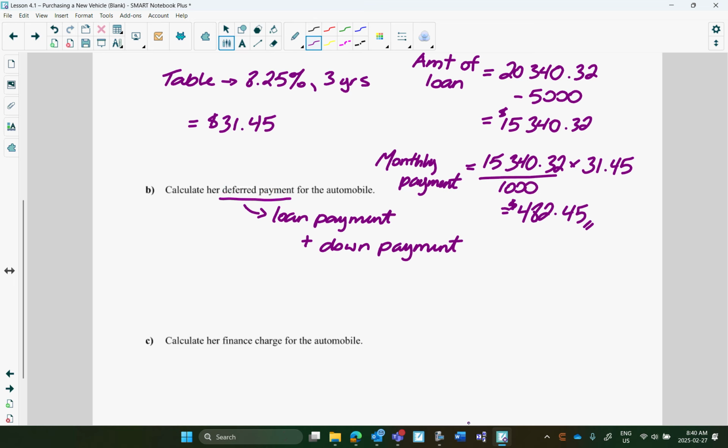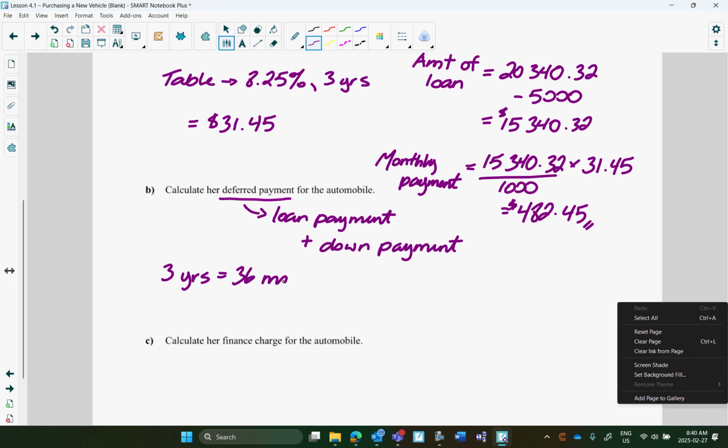So we have to figure out how much she's going to pay. To get the deferred payment, first of all, 3 years is 36 months.